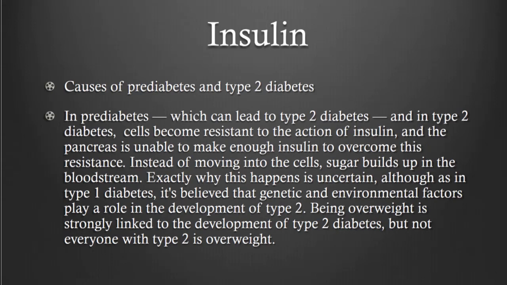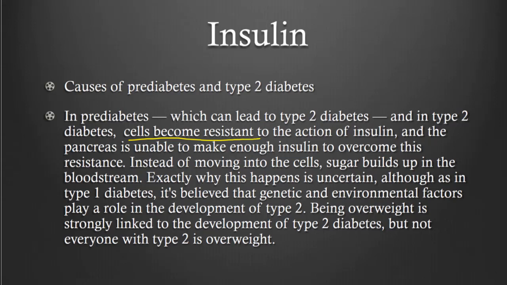Type 2, on the other hand, again, well, that's the one that's usually environmental. So in pre-diabetes first, before we actually get to diabetes type 2, the cells become resistant. It's a big difference here. Type 1, you can't make insulin.